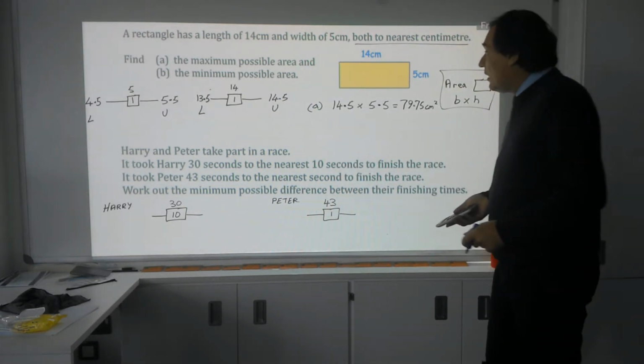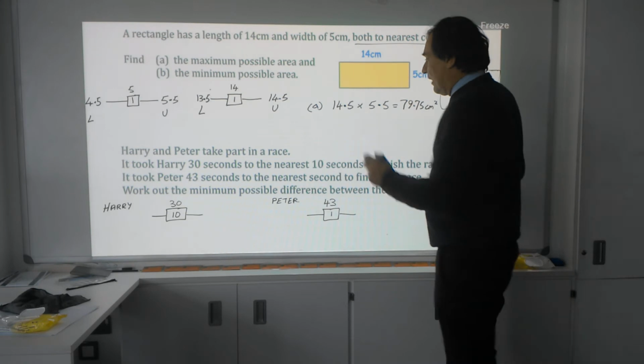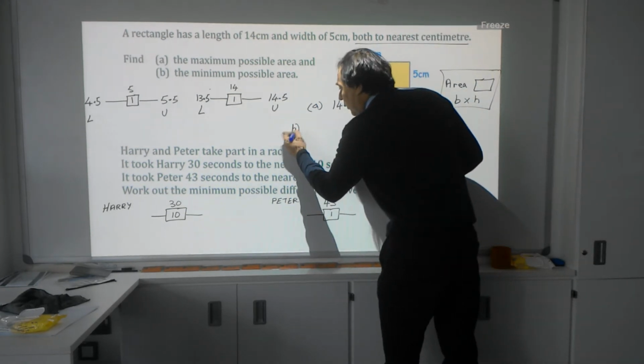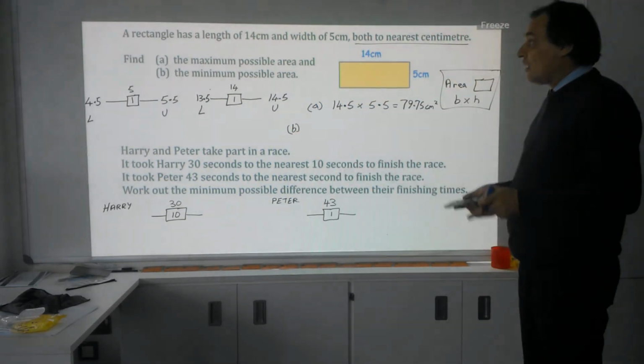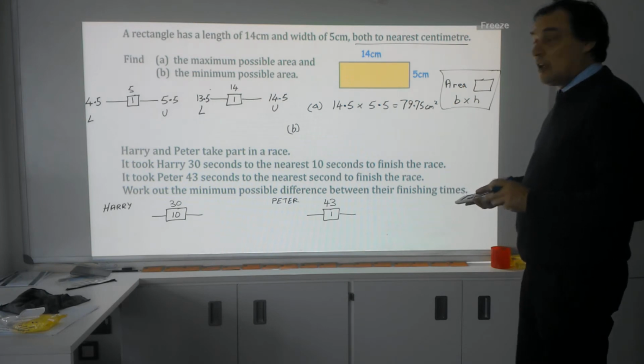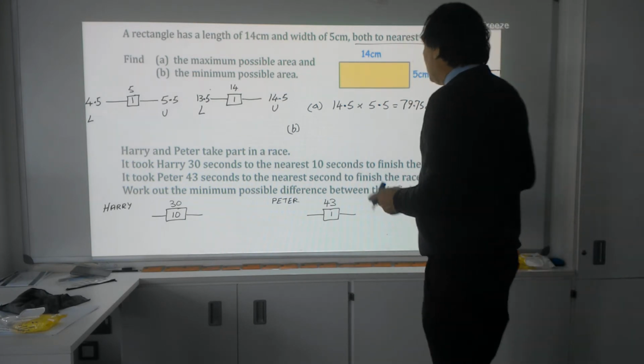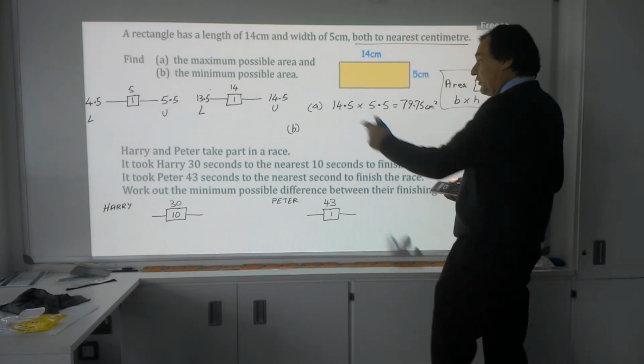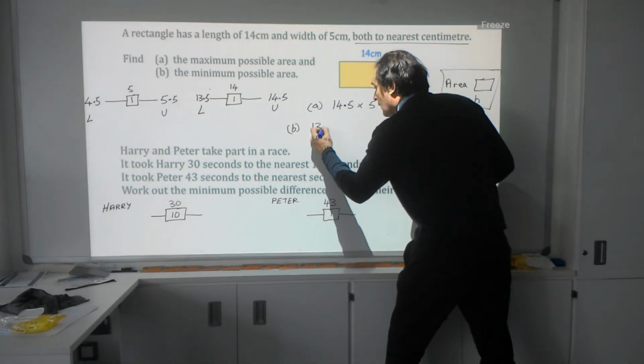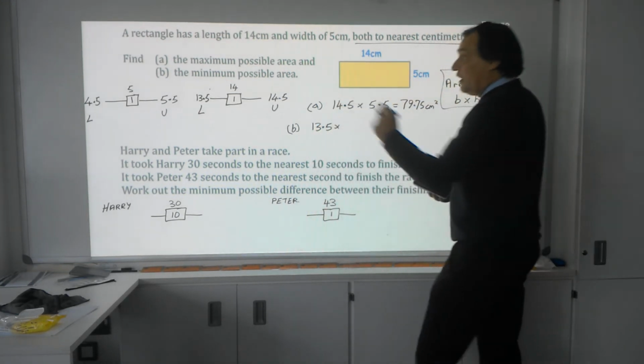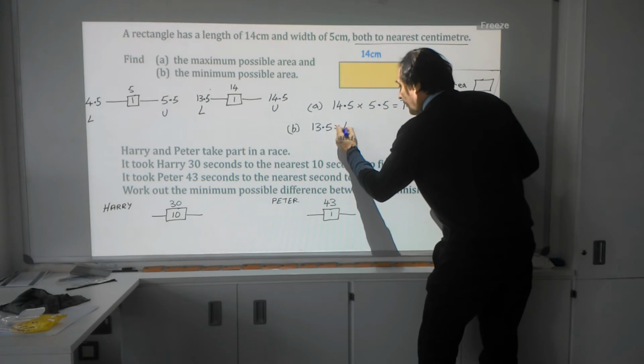In the same way, they're asking us to find the minimum possible area. In other words, that's going to be the smallest rectangle that we could have. So we're going to do exactly the same thing, but using our lower bounds. Our smallest base is going to be 13.5, multiplied by our smallest height, which is 4.5.